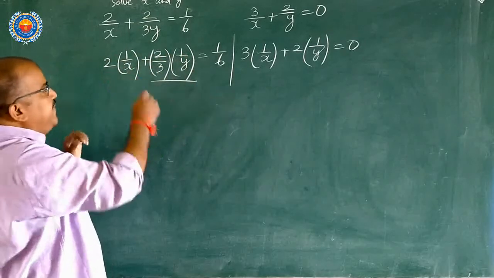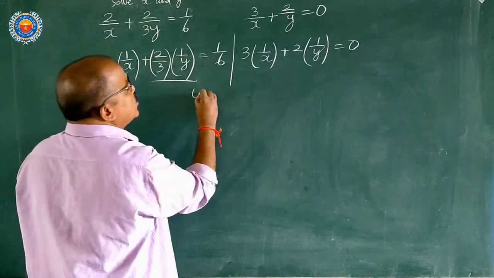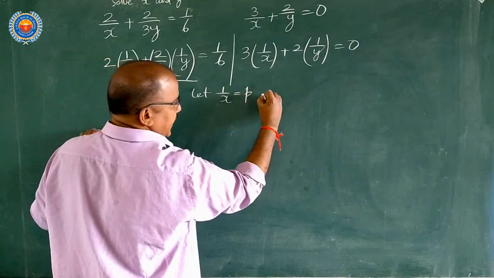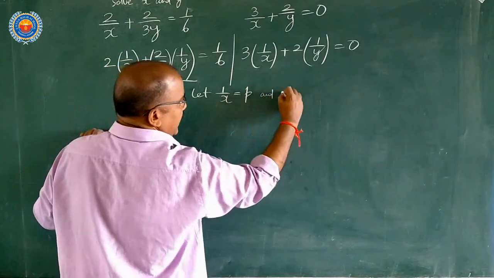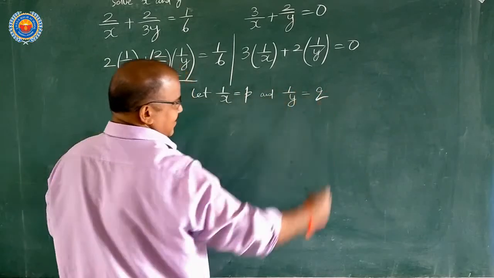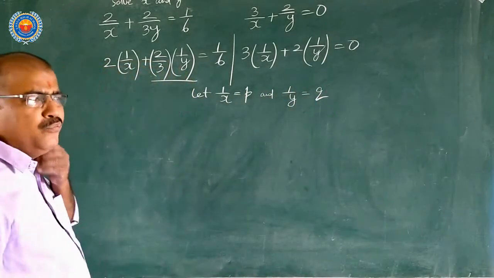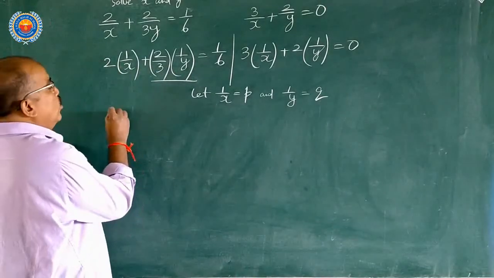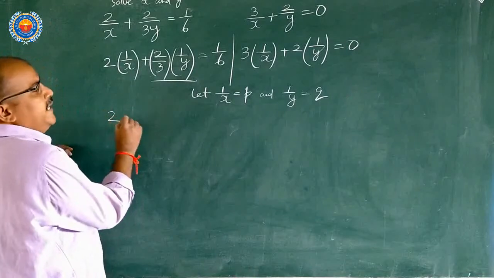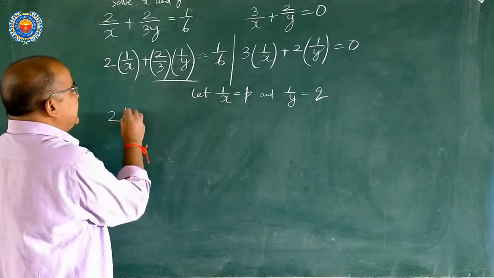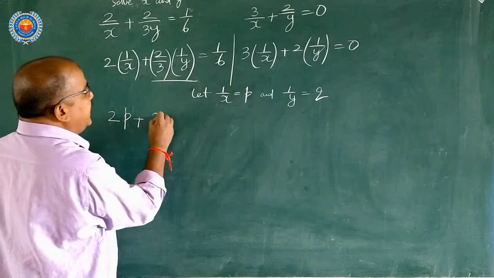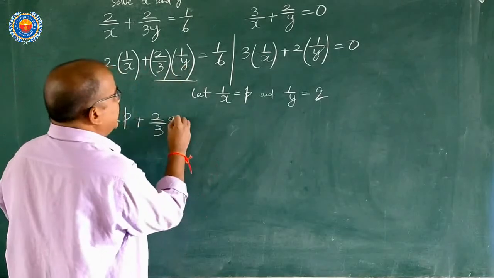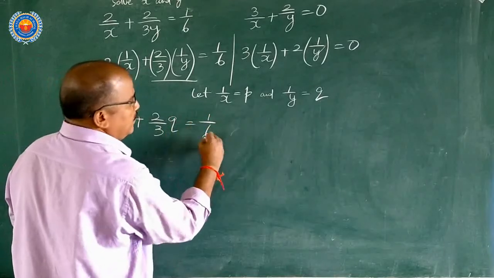The remaining steps are like the previous sum. Here also, let 1 by x is equal to p and 1 by y is equal to q. I always take p and q, but if you wish, you can also take m and n. So 2 into 1 by x is p, plus 2 by 3 into 1 by y is q, is equal to 1 by 6.